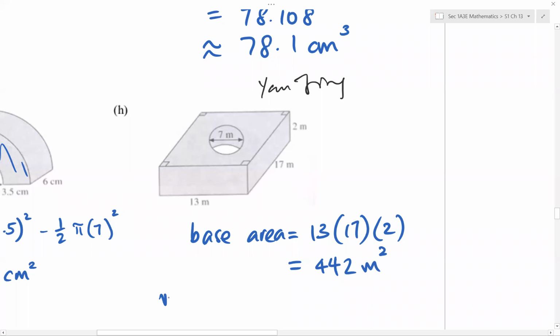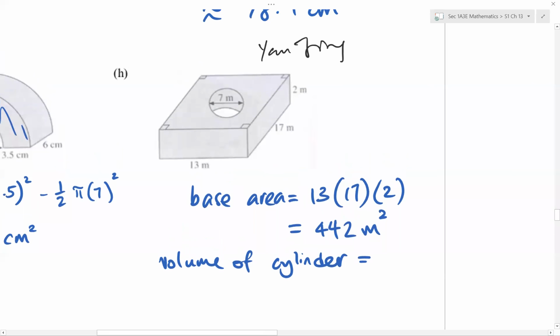Volume of cylinder. Continue. What is your radius? 3.5 squared times 2.